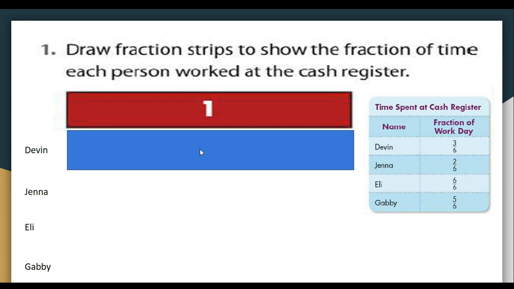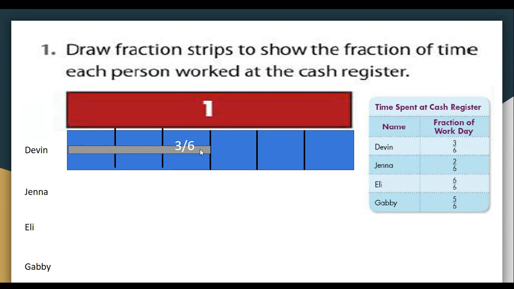Make sure that it's exactly the same size as our one whole. Then we partition it into 6 equal pieces to represent the 6 hours. Again, Devin worked 3 out of those 6 hours. So we represent 3/6 by shading in 3 parts out of the whole.